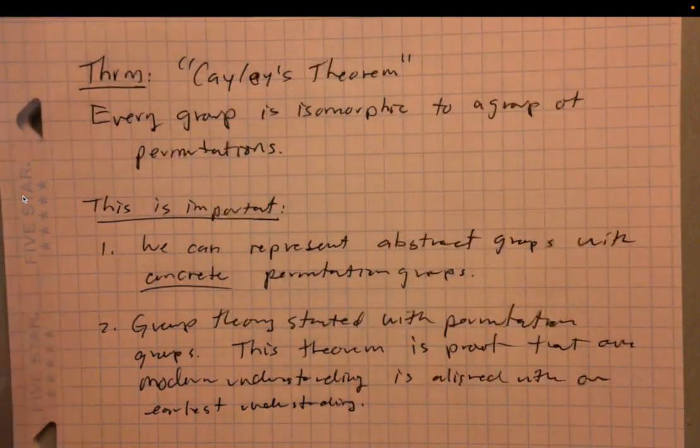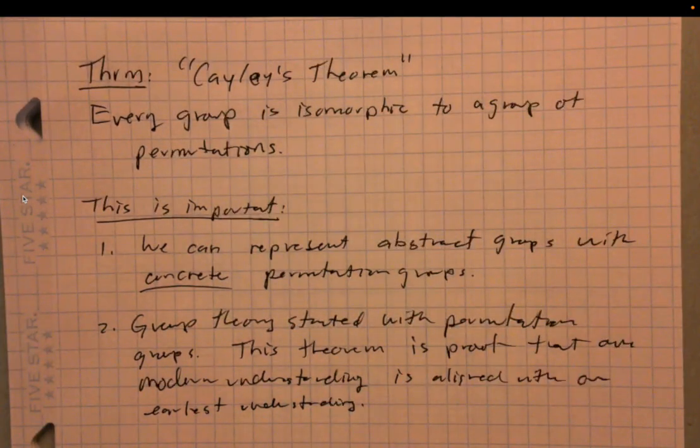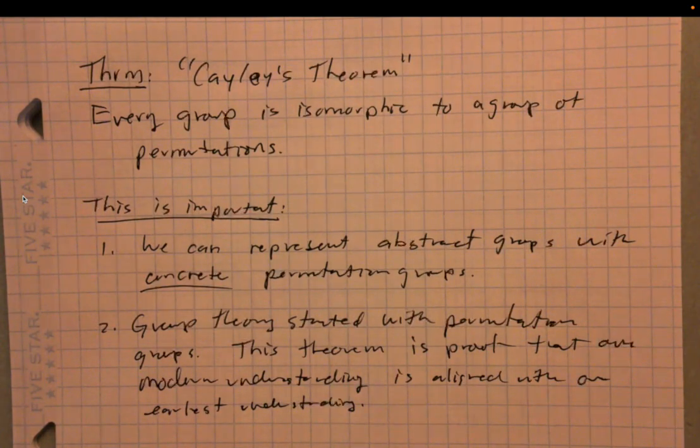Because we used to think that groups were just permutation groups, and now we see that in fact that's kind of true, right? Every group is really just isomorphic to some permutation group, right? So it's true, but it's also not true, right? Okay, perfect. Let's prove Cayley's theorem.